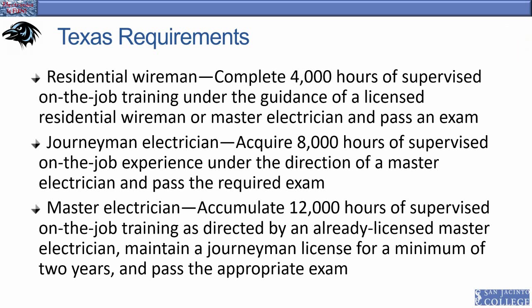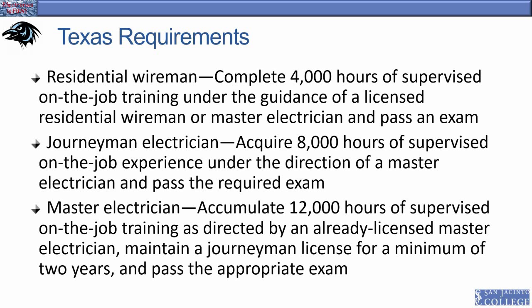This is the kind of job that you might do for companies like CenterPoint Energy, deal with wiring. Journeyman electrician, they work on both residential and industrial electrical systems. These are the kind of electricians that you might find with some of these local electrical companies.